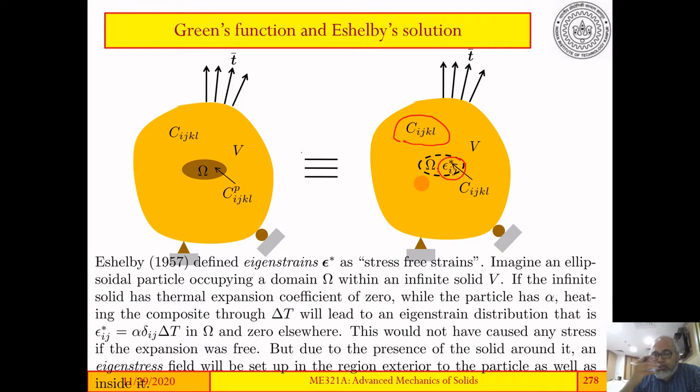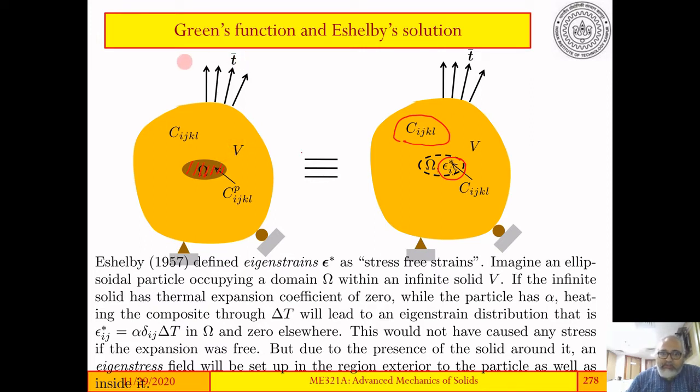He then derived the solution for strains inside the particle, which is called the interior solution, and showed that for a constant eigenstrain, the strains inside the particle, as long as the particle is ellipsoidal, are constant.